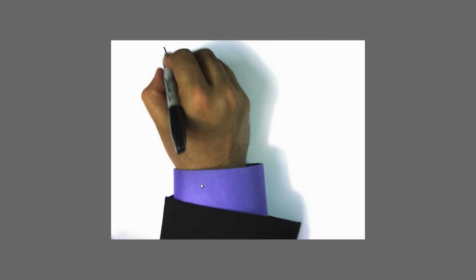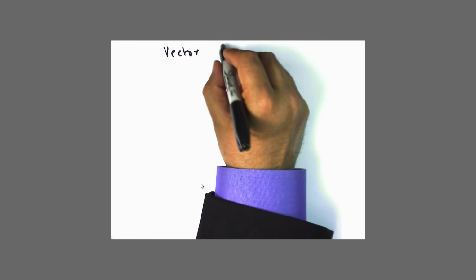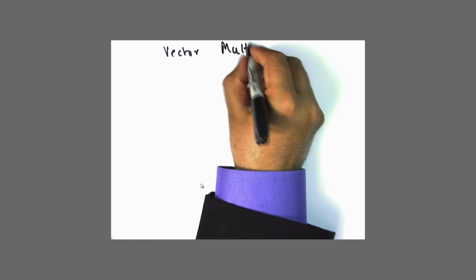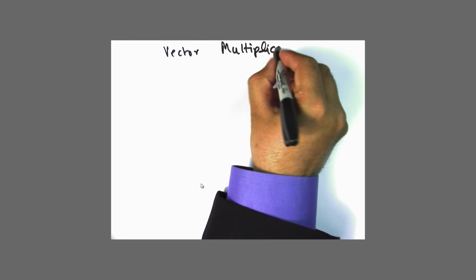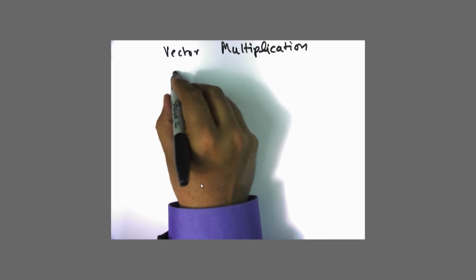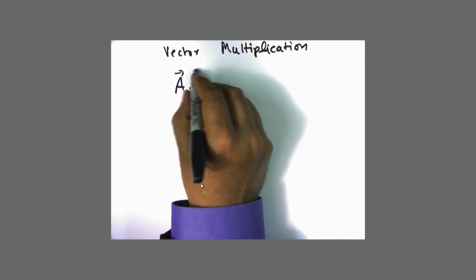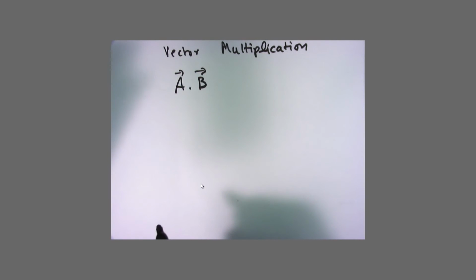So, we can create different kinds of multiplication, which is between the vectors, vector multiplication, and there we have a dot product, and then we also have a cross product.